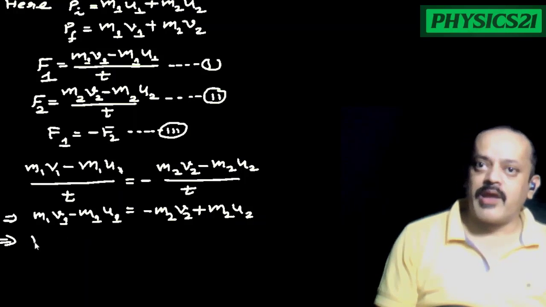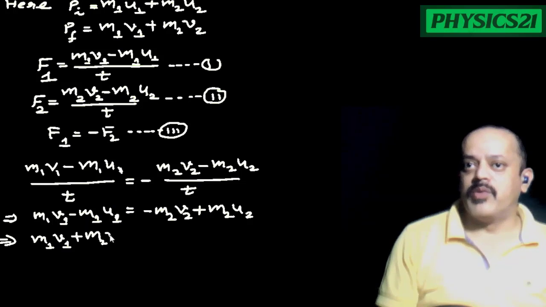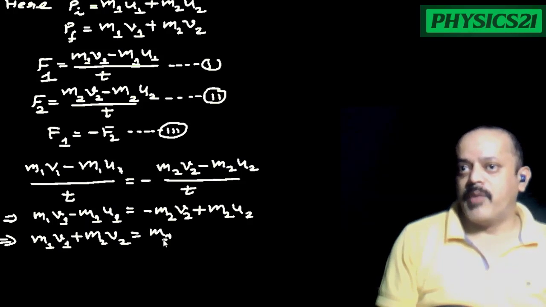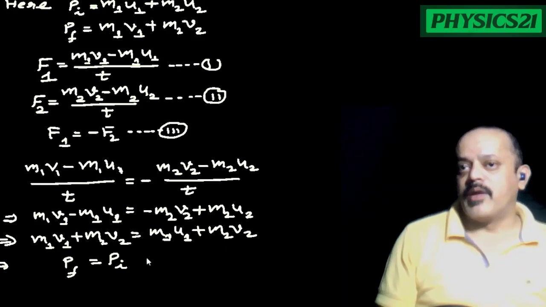So we get m1 v1 plus m2 v2 is equal to m1 u1 plus m2 u2. So this is the final linear momentum of the system, and that one is the initial linear momentum of the system.